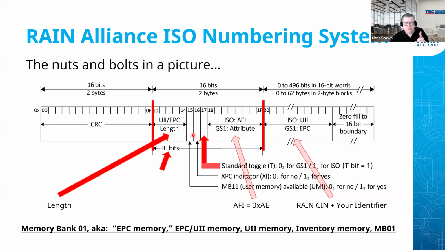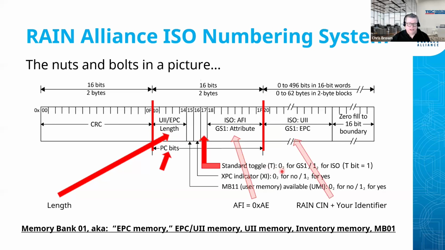These next two bits, 15 hexadecimal and 16 hexadecimal, don't even worry about those. Forget it. Under current standards, they get generated for you, or they're hard-coded to the tag chip. Bit 17, ta-da, this is our T bit, our so-called toggle bit.